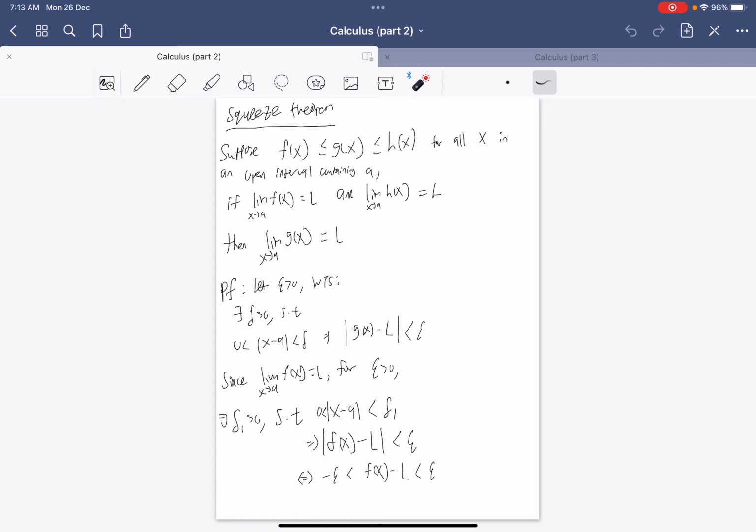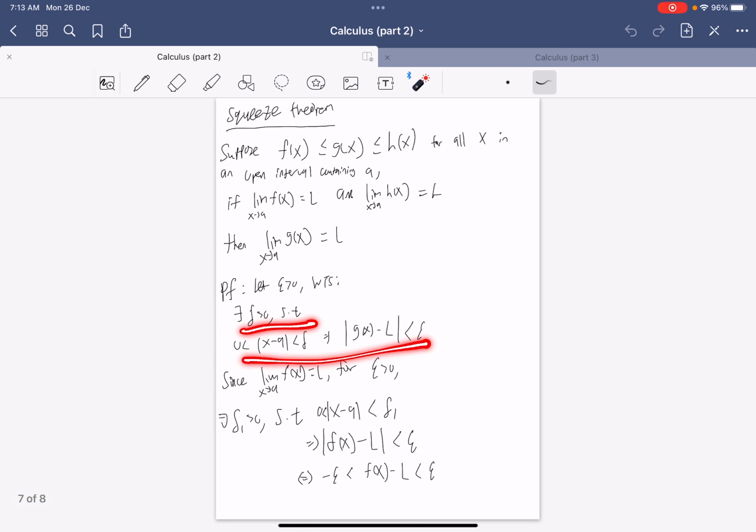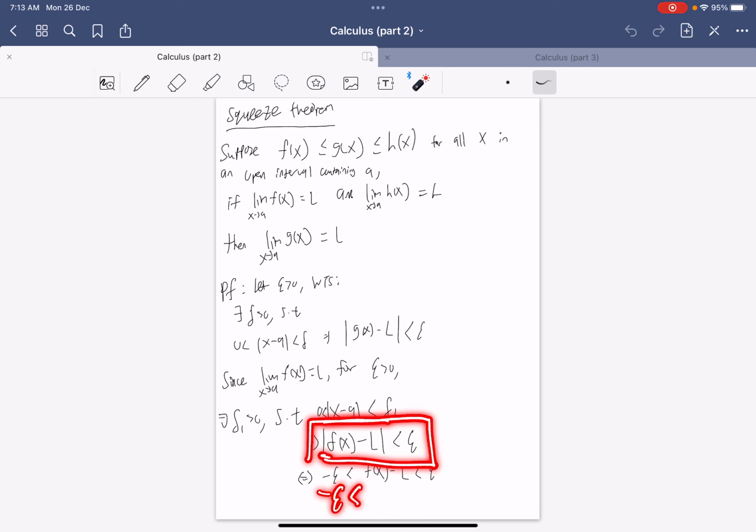So we want to let epsilon be any value, and we want to find a delta such that the following occurs. Since we know that the limit of f(x) is L, we can take this epsilon and find a delta 1 such that |x minus a| within delta 1 implies that |f(x) minus L| is less than epsilon. This means that minus epsilon is less than f(x) minus L, which is less than epsilon.